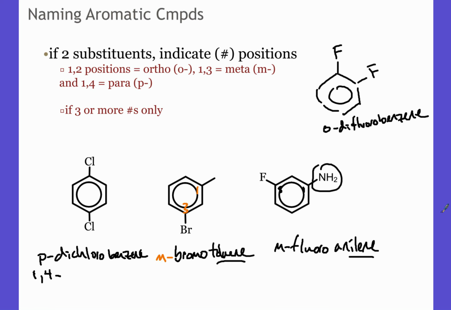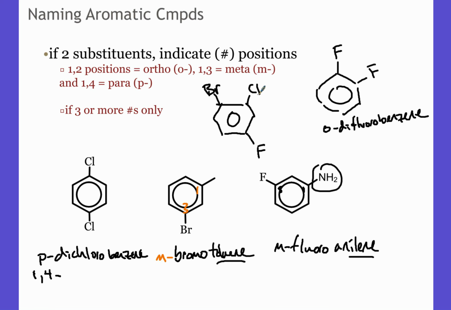Otherwise, if you have more than 2 substituents, then you're likely to have more than one situation in terms of ortho, meta, para. So you go back to numbers, right? If I happen to have this thing that has a bromine here, a chlorine here, a fluorine over here, that fluorine and chlorine are actually in meta positions to each other, but the bromine is in a para position to that fluorine, but it's also an ortho position when you consider the bromine and the chlorine.